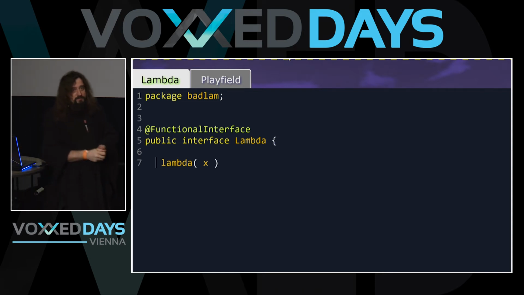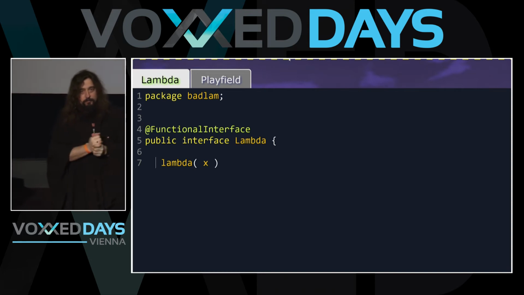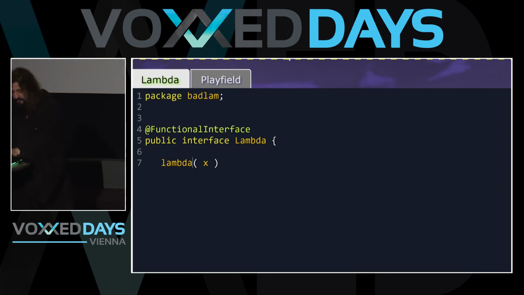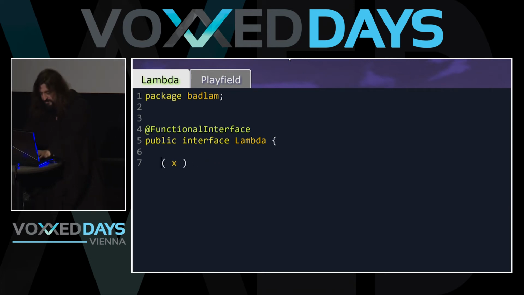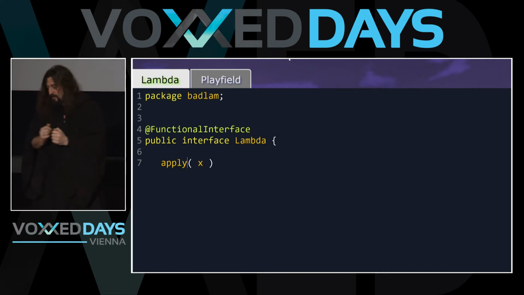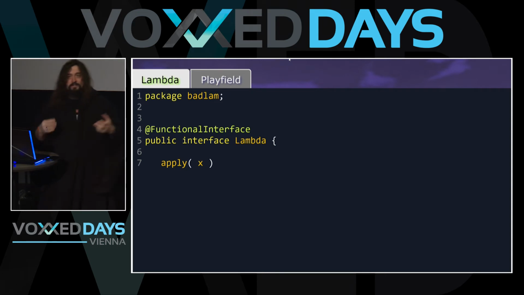This interface would have one method, and maybe we won't call it lambda really. Let's call it apply, because what you do with a lambda is apply it to something. And this method would take an argument of what type?